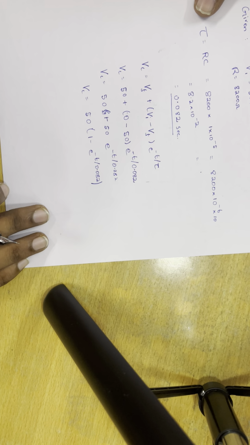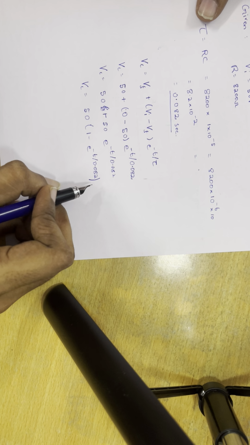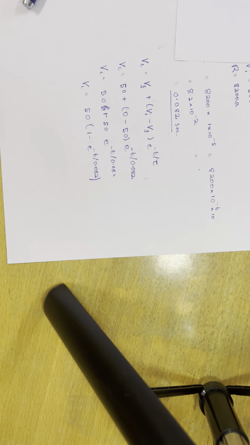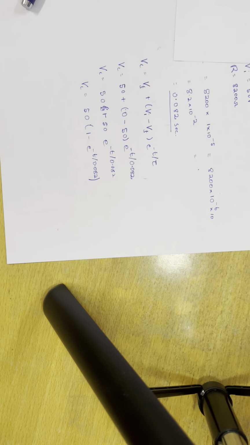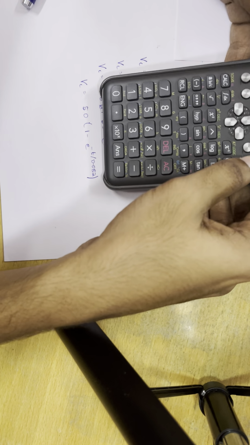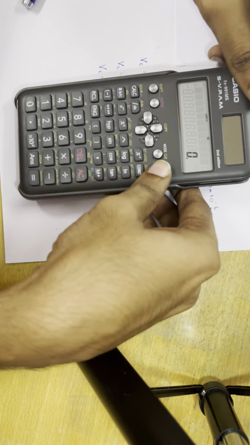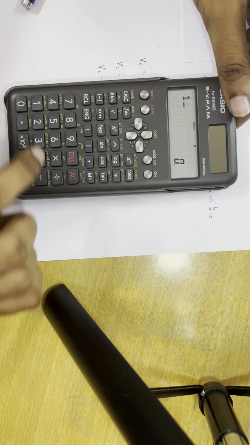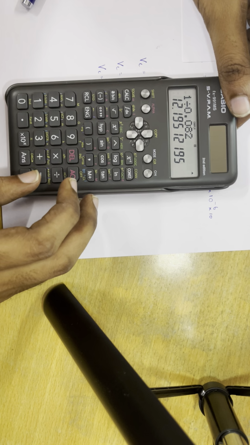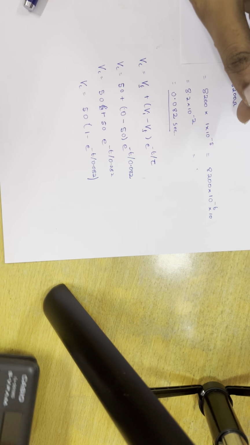After solving it in the calculator, we substitute 1 divided by 0.082, which gives 12.195.